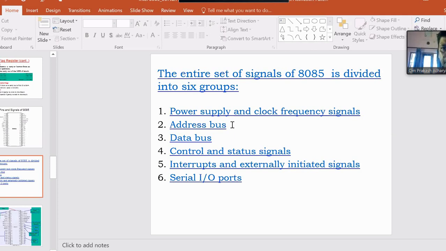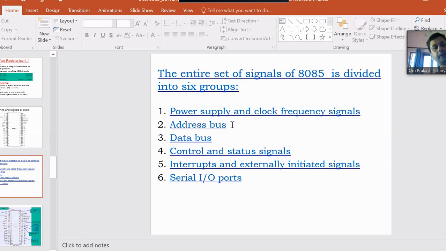If you want to bring the data or store the data, that information must be provided to that IO device or memory. Whether you are going to read or write the data, that control signal must be given to that IO device or memory. Clear? After the control signal, when you enable that device, then you can bring the data with the 8-bit data bus into the microprocessor.